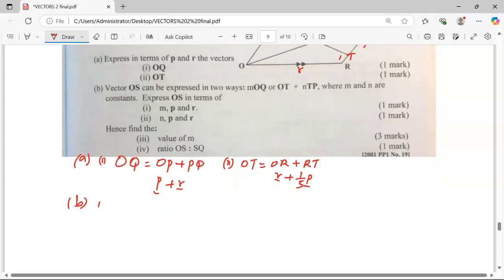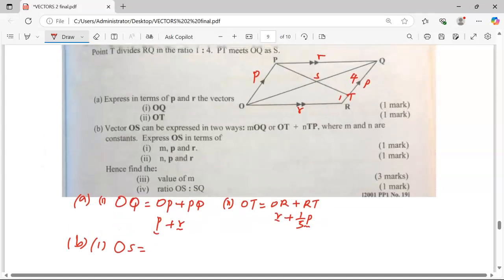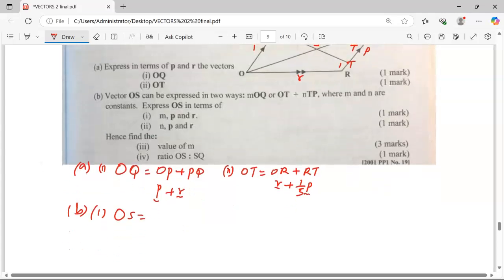So B Roman 1, express OS in terms of M, P, and R. OS will be equal to MOQ. Already we have OQ, and therefore we are going to multiply M by OQ, and OQ is P vector plus R vector.